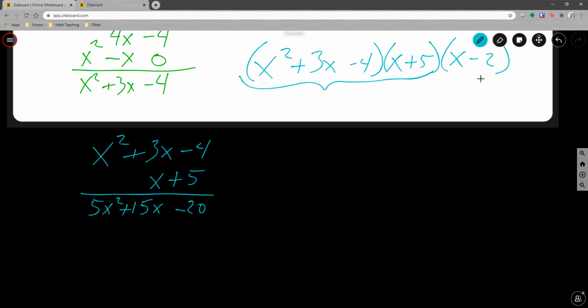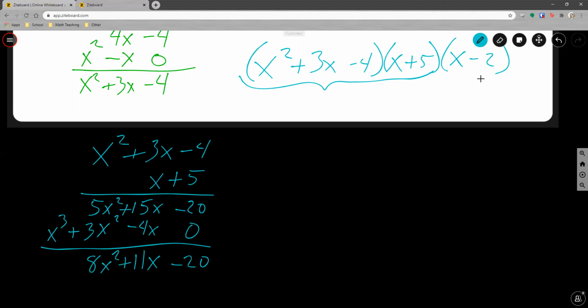That's my first row. Second row, I make sure to put that 0. Negative 4x, 3x squared, and x to the third. And again, I just add it all together. Negative 20, 11x, 8x squared, and x to the third.